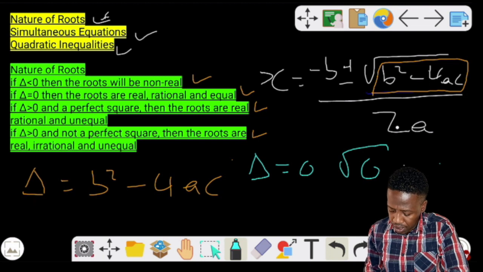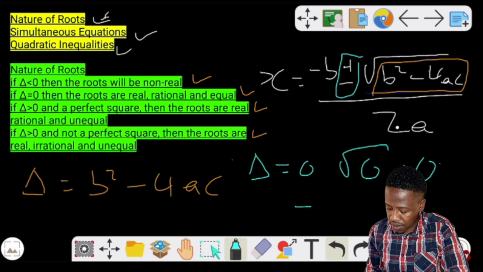If you type the square root of 0 in your calculator, you will obviously get 0, so they are real and rational. As for equal, whether you add or you minus, you still get the same number.